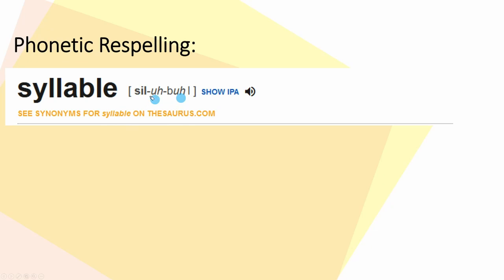And we can tell that they're schwas because they're tilted slightly to the side, which is what we call italicized, and it's "uh". And if we come back over here and we see an A, well, that's not an umbrella U, right? So, okay, that's kind of fishy. Well, that's because it's a schwa. And you can see that the stress is on the first syllable of the word syllable.